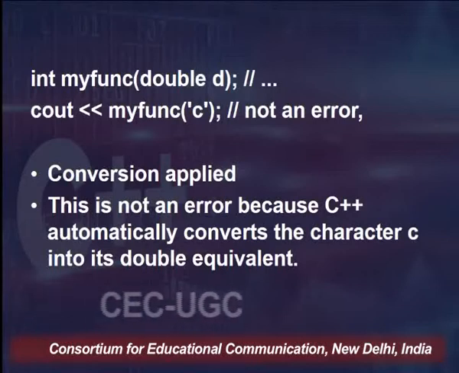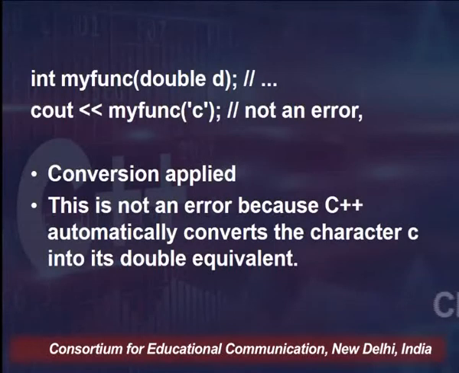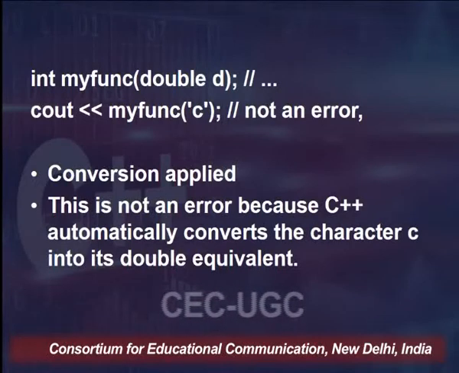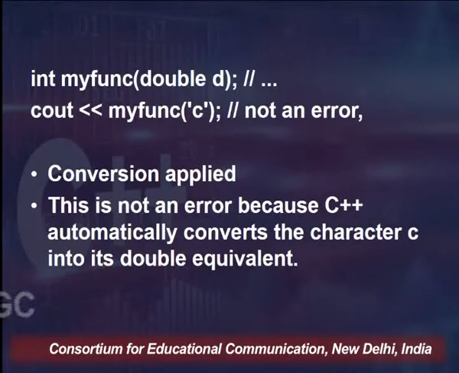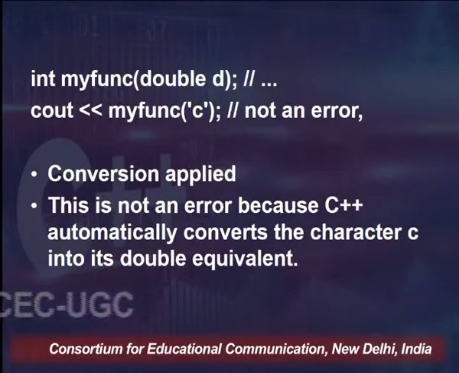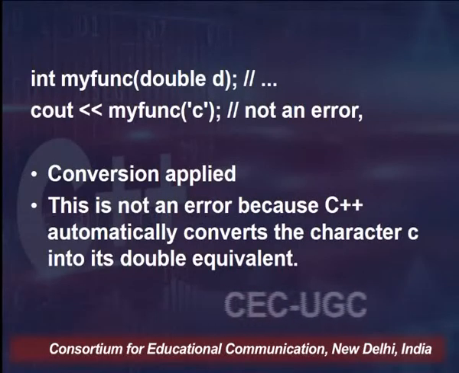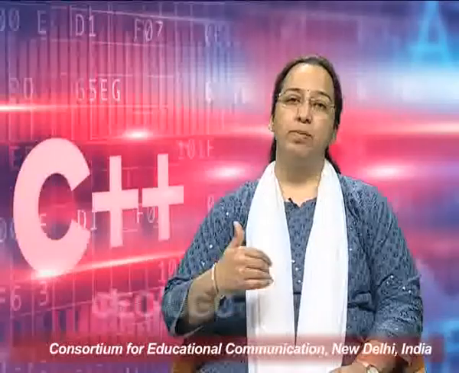So I am calling myfunc with C. Now what will happen? The prototype is looking for a value which is double, while I am passing a value of character type. This will not be considered an error, because C++ automatically converts the character C into its double equivalent. This is what I was talking about: automatic type conversion.